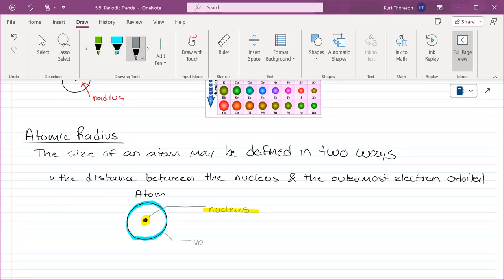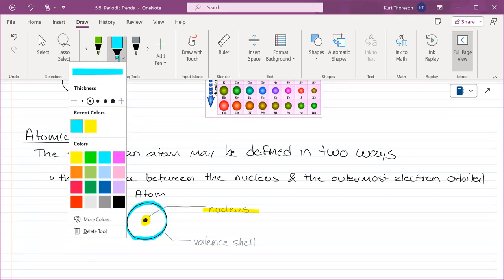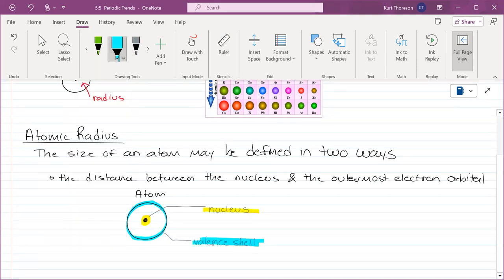This is the valence shell, the outermost energy shell with electrons. That line right there is the atomic radius.